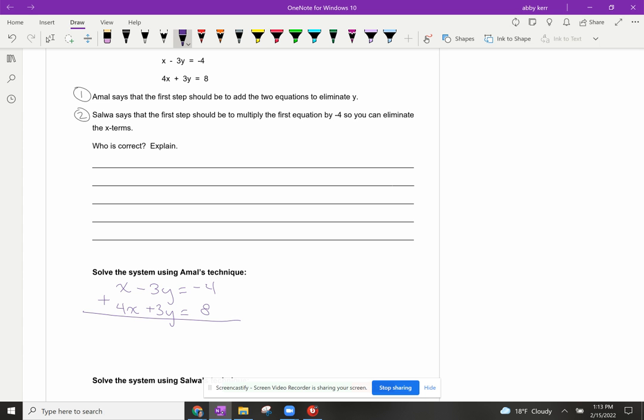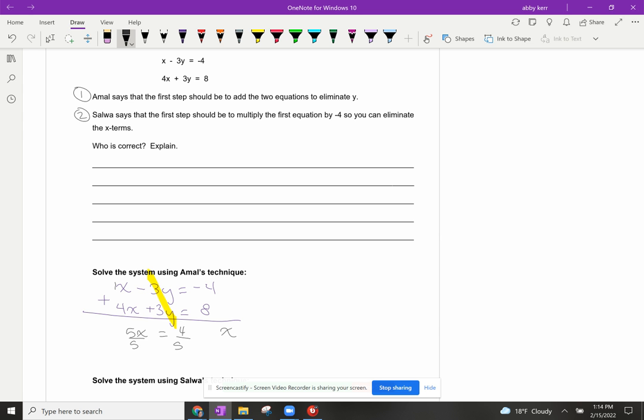If you add them right away, the reason why the y's can cancel is because they're already opposites. We do not need to multiply by anything. So that goes away, and this time we're adding the x's. So 1x plus 4x gets us 5x. Negative 4 plus 8 gets us 4.